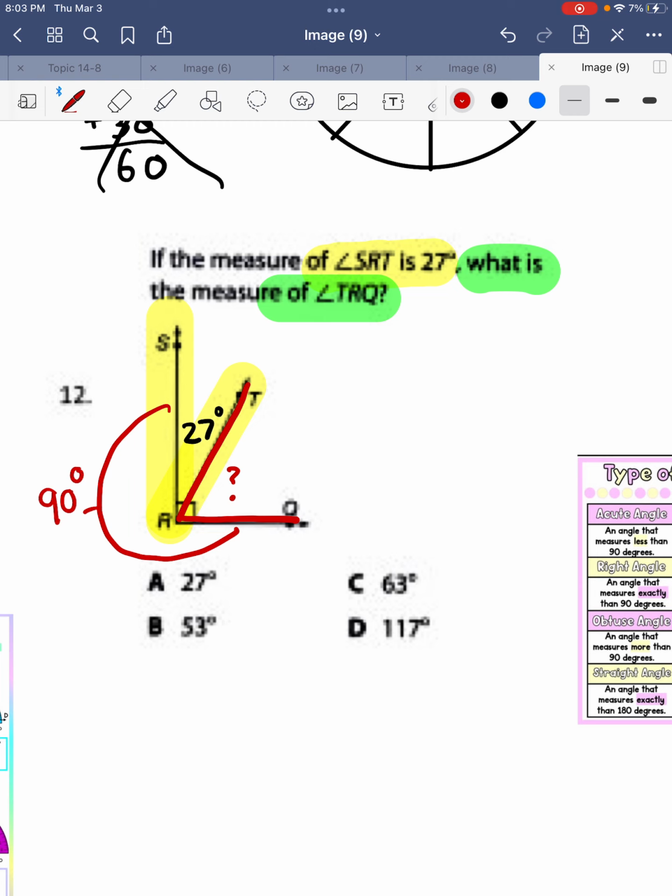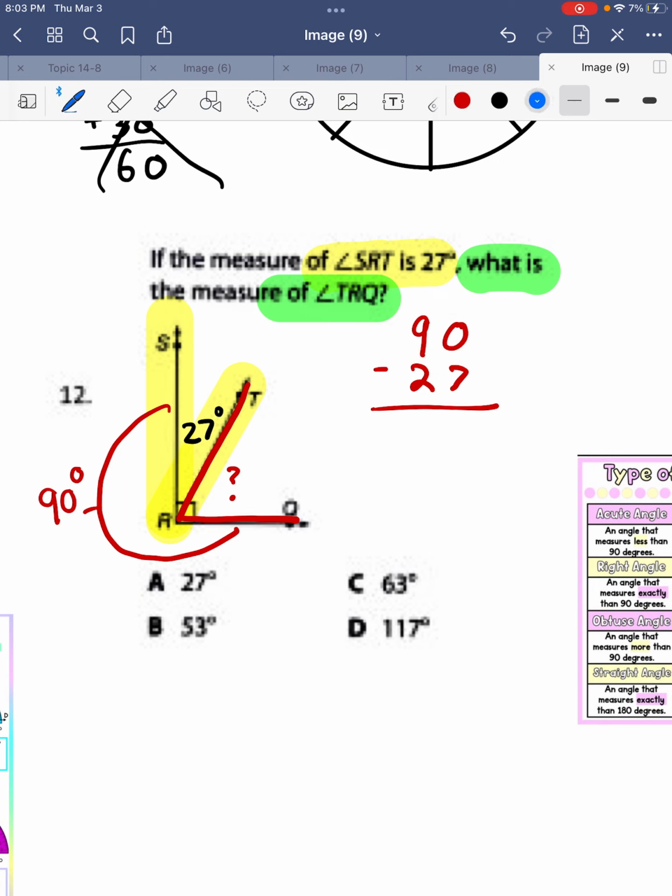If I know the whole angle is 90 degrees and I know that one part is 27, but I am missing another part, I am going to subtract. If you are missing one of the inside angles, you will subtract. So I'm going to do 90 minus 27. Remember, the big number goes on top.